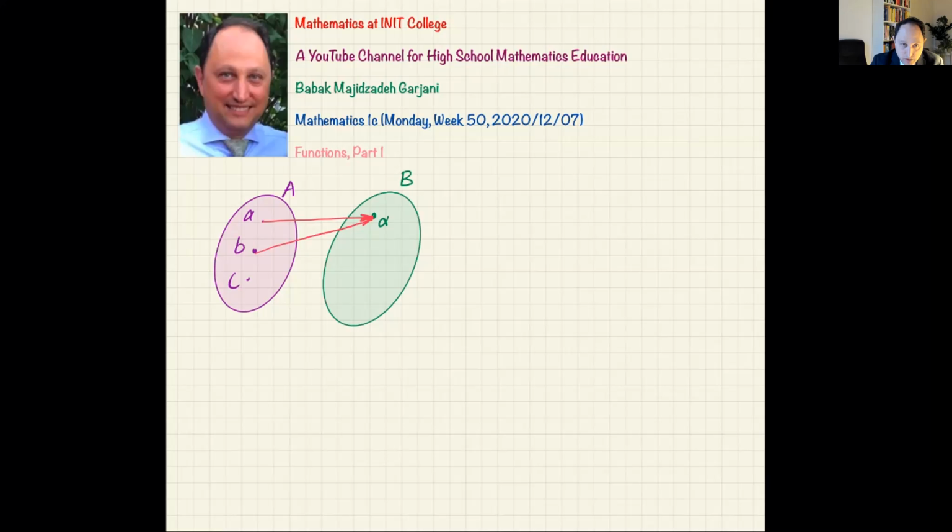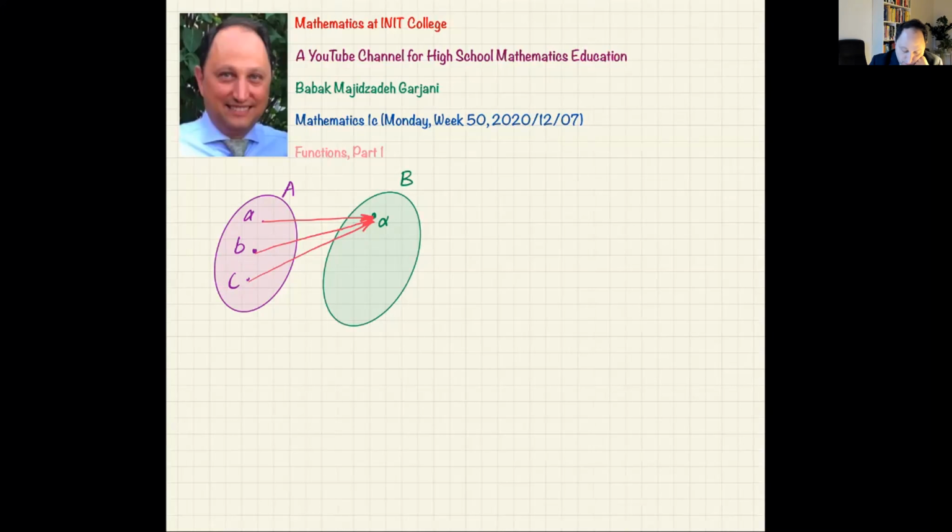The second condition is met here because there are no more than one arrow coming out from any element, but there is one element without any arrow coming out from it. So if I stop here, this is not representing a function. If I want to make it a function, I have to add this arrow as well.